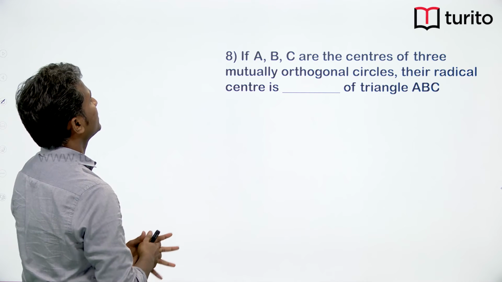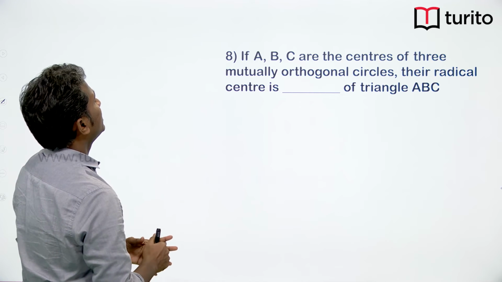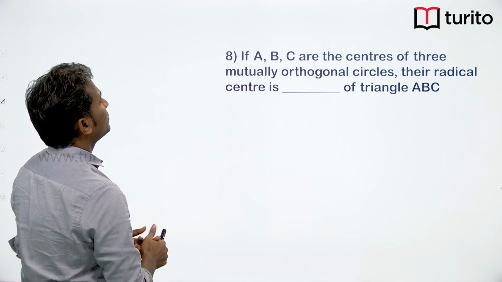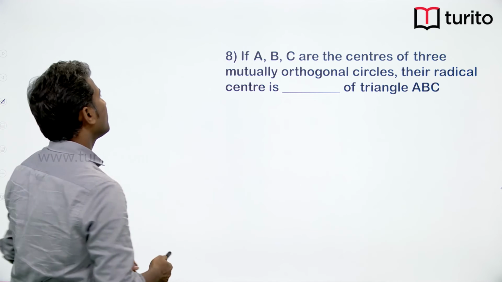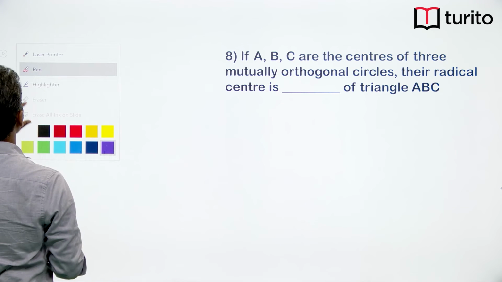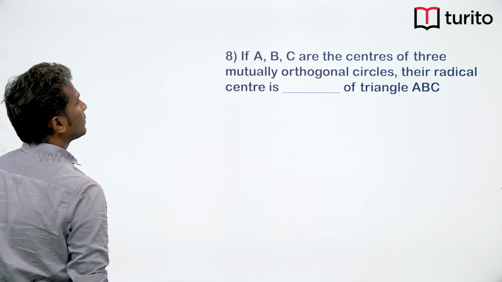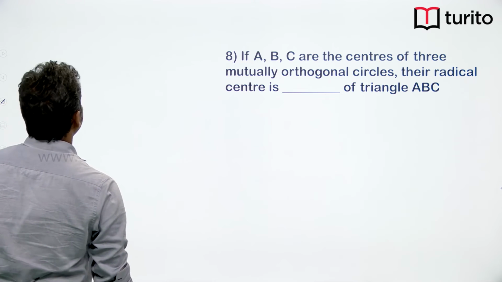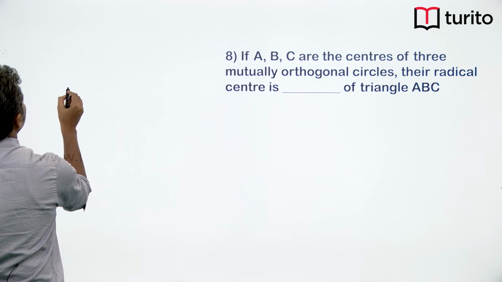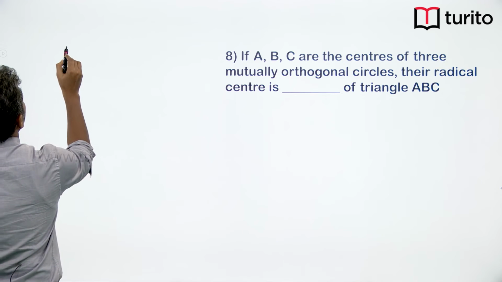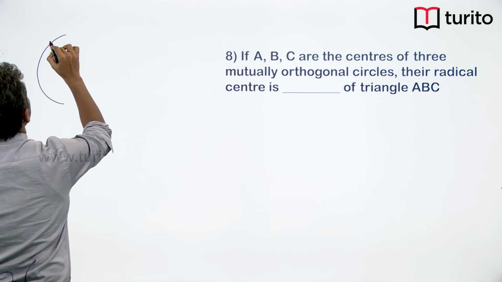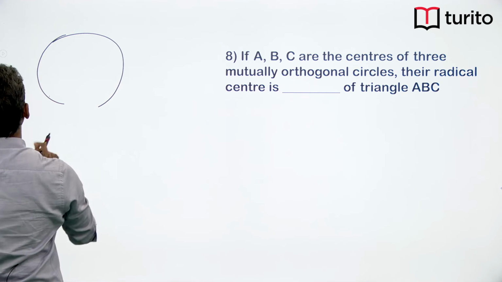Now, what happens if three circles are mutually orthogonal to each other? Let us take three circles. So, for that let us start with two circles. Let us say we have two circles which are already intersecting orthogonally.